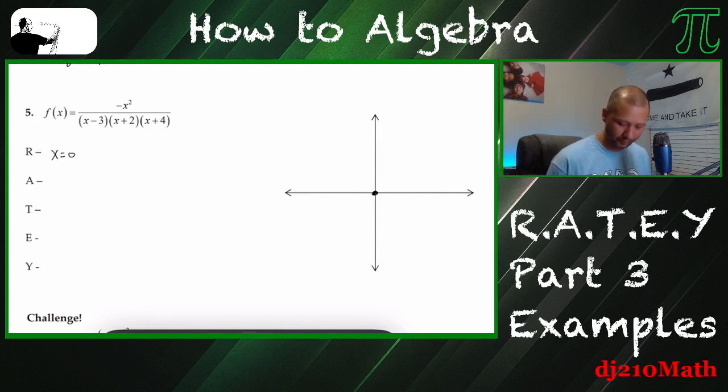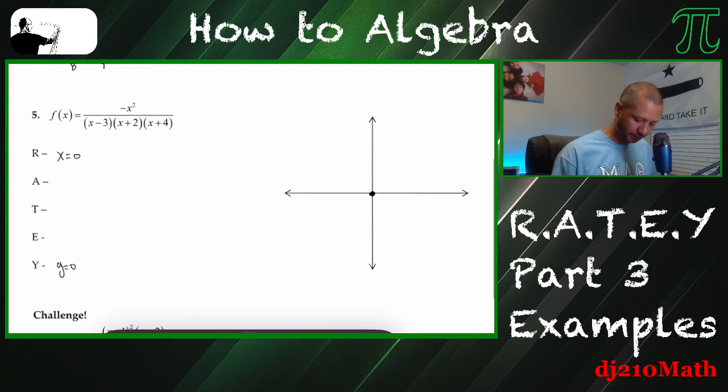And by default, or intuition, it's going to cross at y equals 0, or the y-intercept at 0 also. Kind of going out of order. All right. So then when we set the bottom equal to 0, x is going to be positive 3, negative 2, negative 4. Again, it doesn't really matter the order.